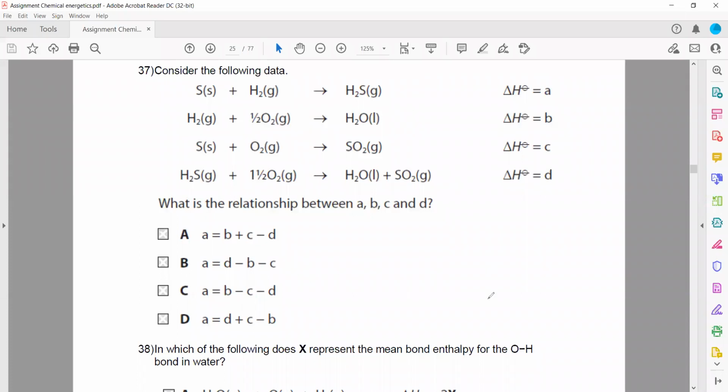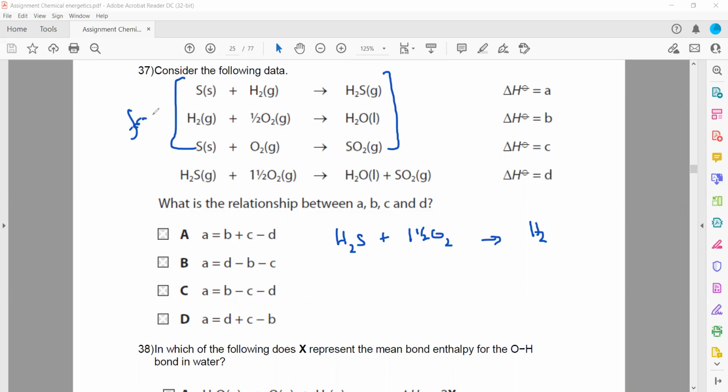So we have to work out how the reaction can occur. Sulfur plus hydrogen gives hydrogen sulfide. Then hydrogen sulfide plus 1 and a half oxygen gives water, H2O, plus sulfur dioxide. All the first three equations are formations, elements forming a compound.